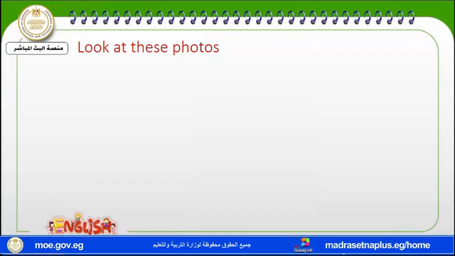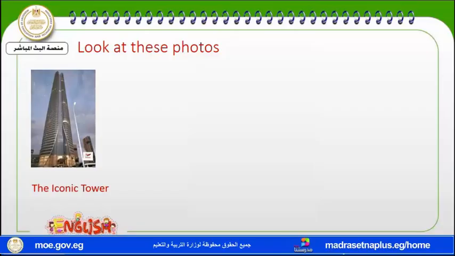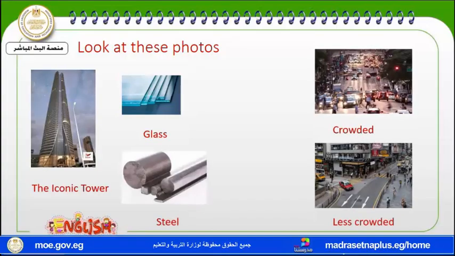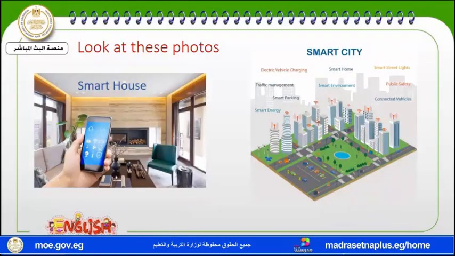We have some photos, and the photos represent words from the text. Let's look and identify the word. This is the iconic tower. Remember, it's made of glass and steel. And also, Cairo was very crowded, and the new administrative capital reduced the crowding and made it less crowded. Also, the city is very smart.